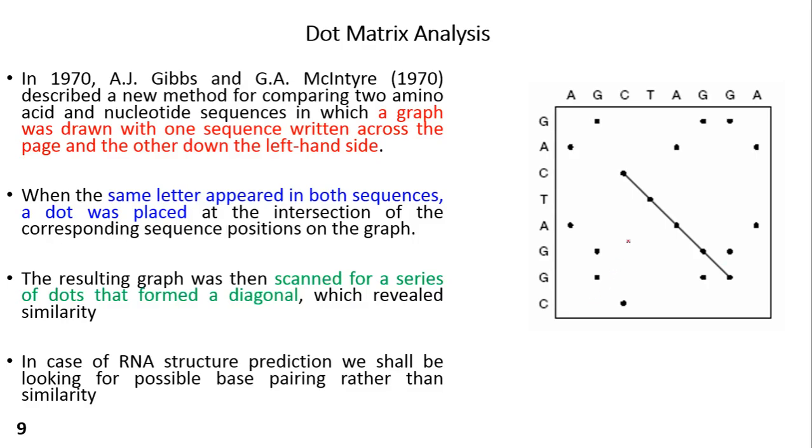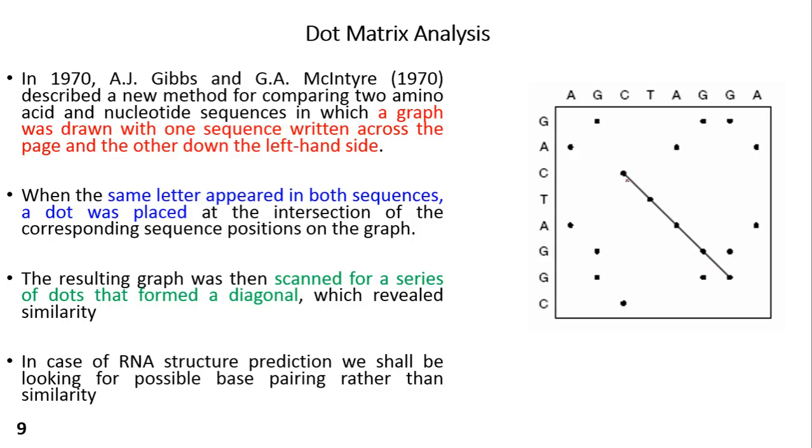Next, we were supposed to find out if the dots exist in diagonals. Whatever dots were produced in such a way, the resulting graph was then scanned for a series of dots that forms a diagonal.